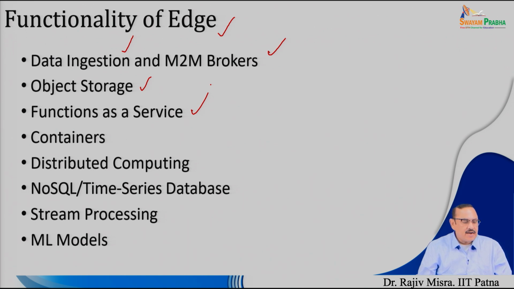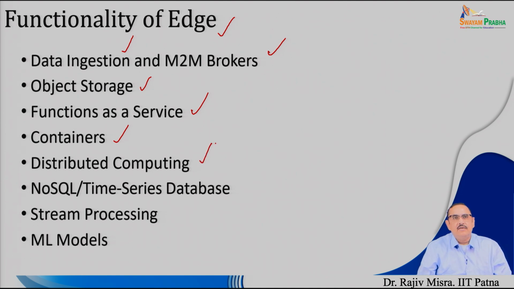Function as a service means that the functions provided in the cloud are accessible as a service, REST API being one example. Another important thing is that most applications are designed using Docker and containers. So, containers also have to be enabled in the edge. Other than virtual machines, virtualization at the edge should also support containers.